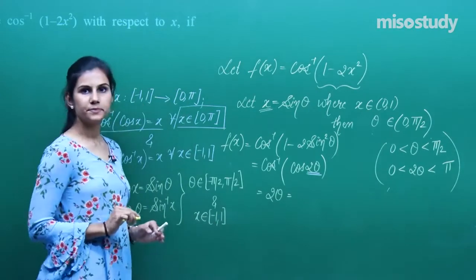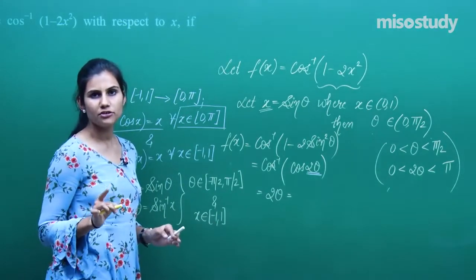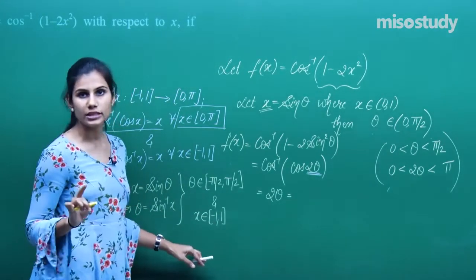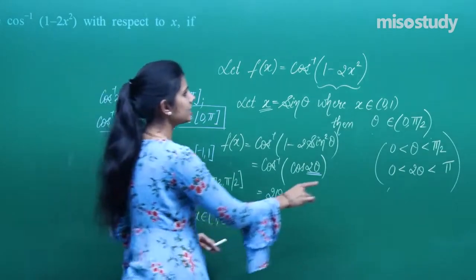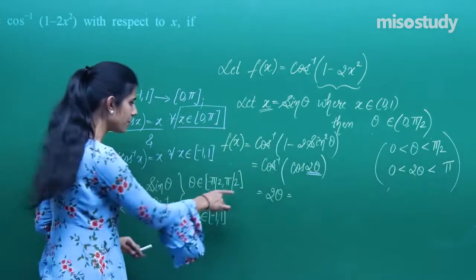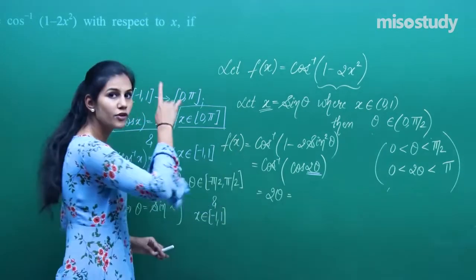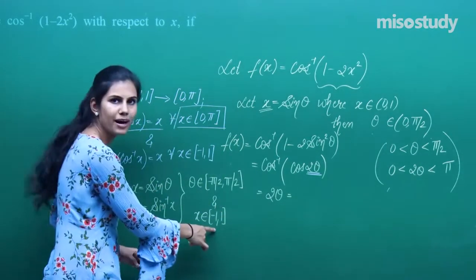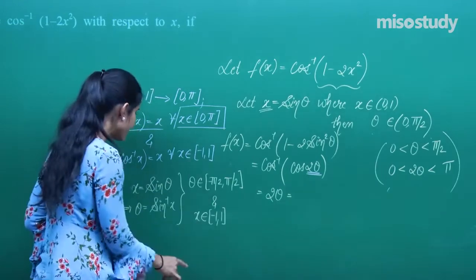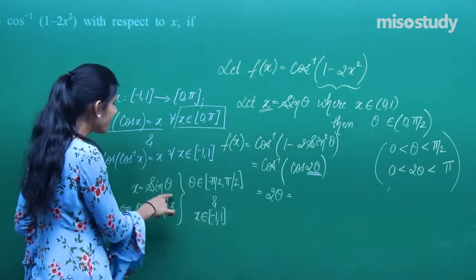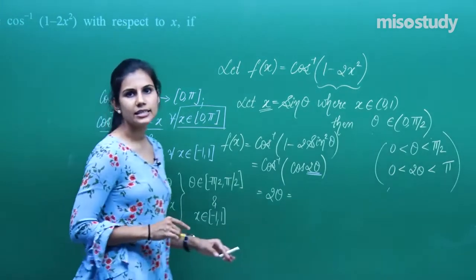See, your concepts from inverse trigonometry should be very clear to be able to conclude all these results. Here you can see theta is coming from 0 comma pi by 2, which is a part of this interval. It is contained here only. And x is coming from the open interval 0 comma 1, which is a part of this interval itself. And therefore, yes, I can write from x equals sine theta, theta is sine inverse x.